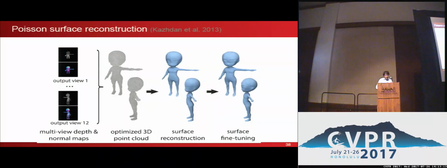And then optionally, what you can do is to fine-tune your surface. You can essentially take your polygon mesh and deform it so that it matches more accurately with the input contours. This is happening because essentially all generative models right now for images and surfaces tend to lose details.